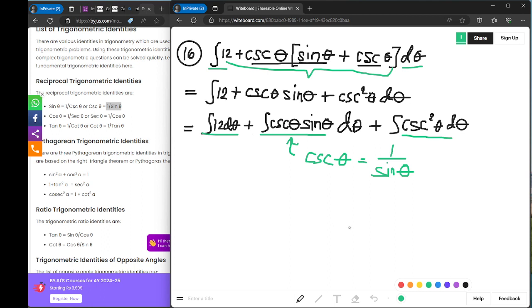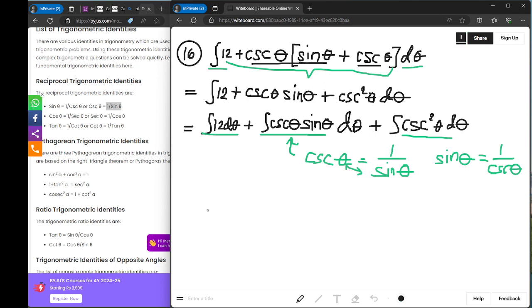It depends. If we replace sine theta, that means our sine theta is equal to 1 over cosecant theta. We get this by cross multiplying these two, so sine theta and cosecant theta exchange places.